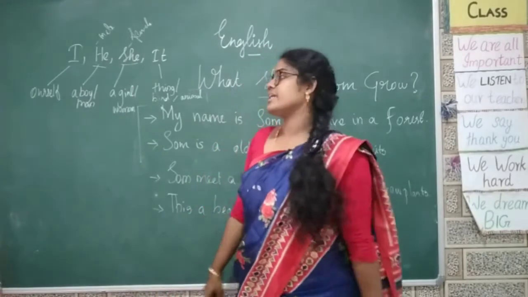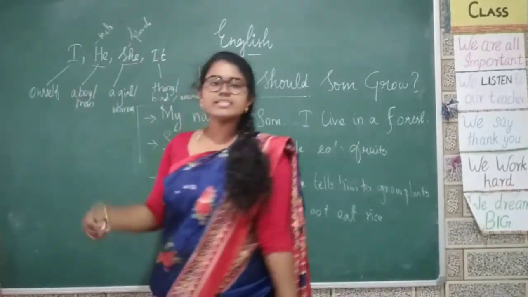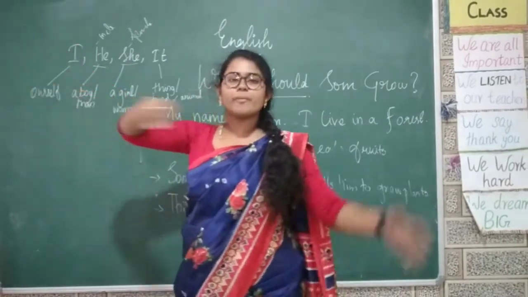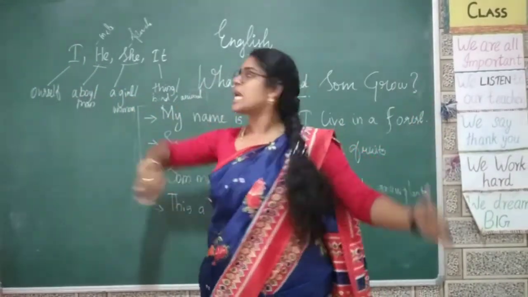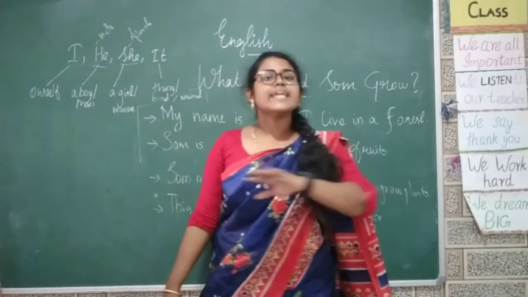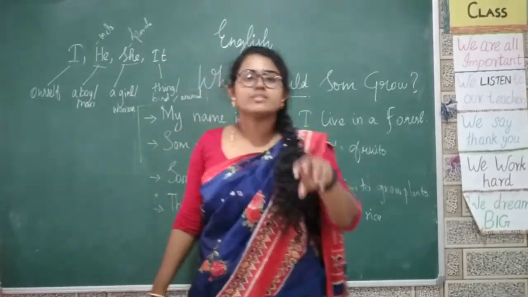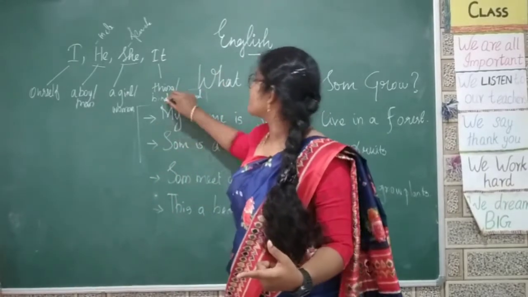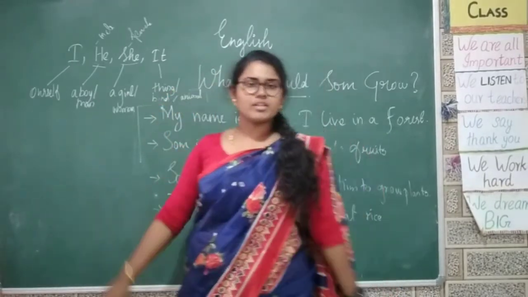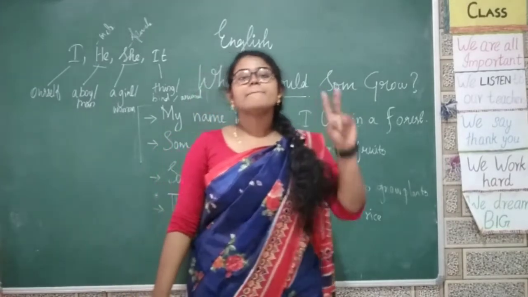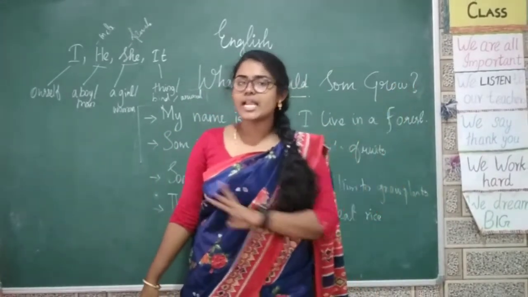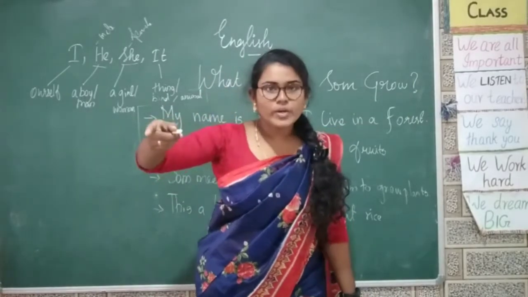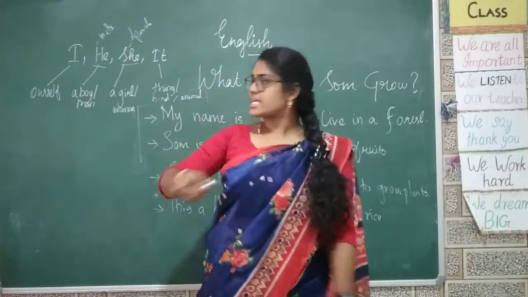Clear? Then, I. It's addressing ourselves. No gender. It's common for male as well as female. It doesn't denote a person. It always denotes a thing or bird or animal. He is for denoting male.